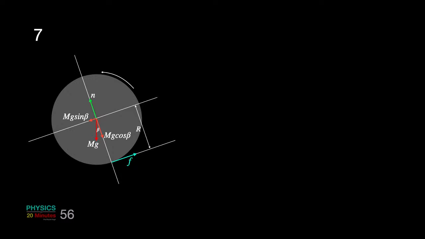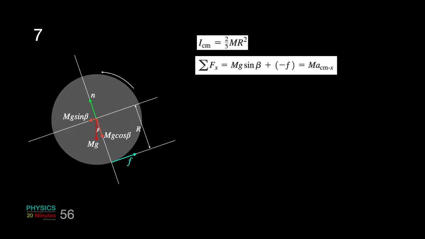So let's go ahead and see how we solve it. It's a solid sphere, so the moment of inertia can be written as 2 by 5 mr square. I can write my Newton's law for translational motion.